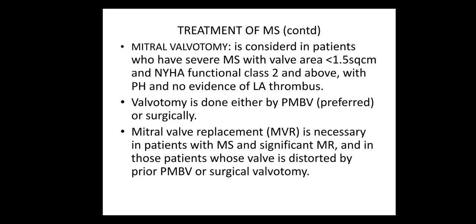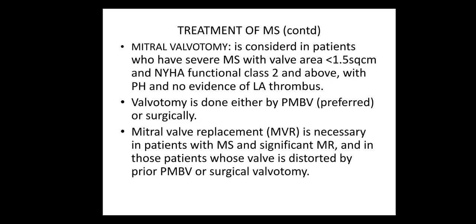So, surgical treatment, that is valvotomy, is considered in patients who have severe MS with a valve area less than 1.5 square centimeters and severe functional impairment like NYHA class 2 and above, with or without PH and no evidence of left atrial thrombus. So, how is it carried out?